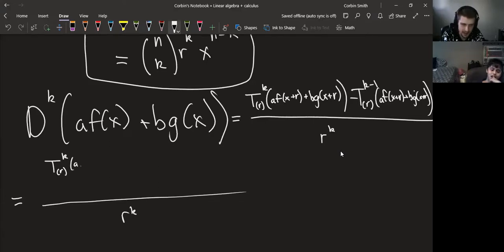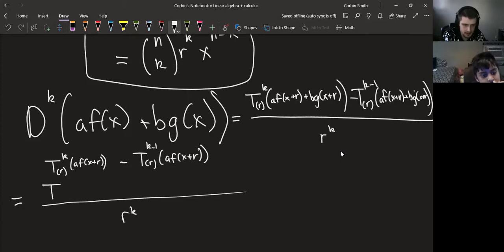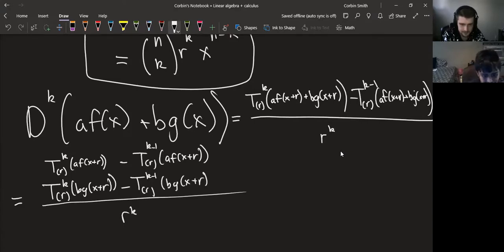So we have a f of x plus r minus t_r^(k-1) a f of x plus r. So this is what I wrote last time. t_r^k b of g of x plus r minus t of r^(k-1) b g of x plus r.